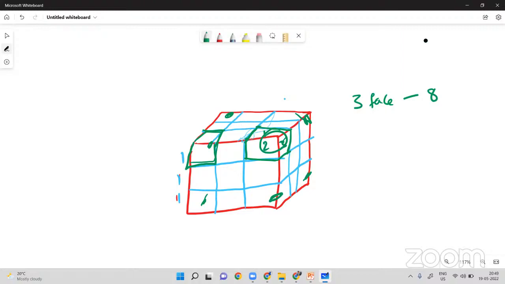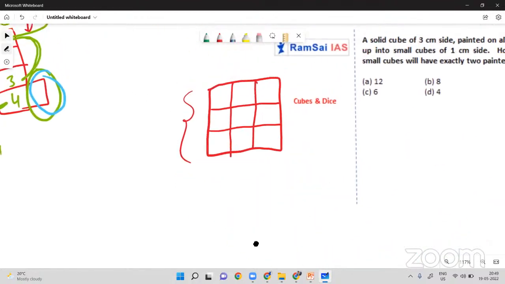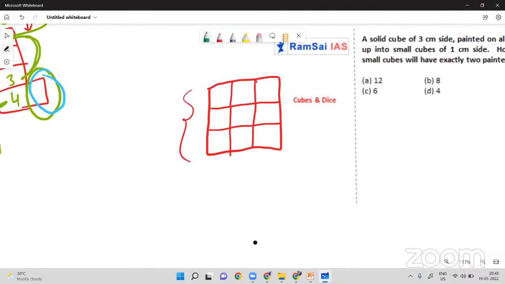And how many single-face colored cubes will there be? If you consider only one face, the corners will be colored with three faces, because it's a corner. And this particular one which I am filling now will have two faces colored.